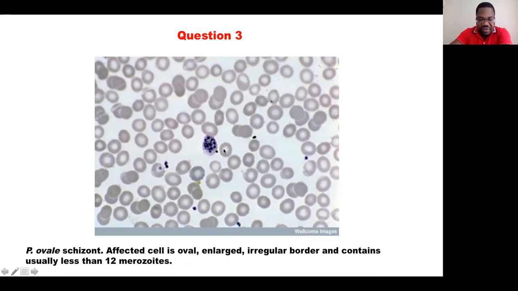So it's a schizont. You can see that it's a schizont of a Plasmodium ovale. So you can see the shape is the oval shape of the infected cell. It's oval, it's enlarged, it's irregular, and it's not the ring stage, but it's actually the schizont stage of this.